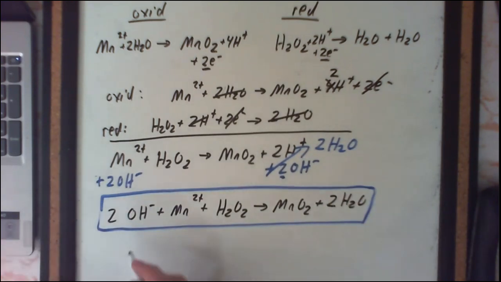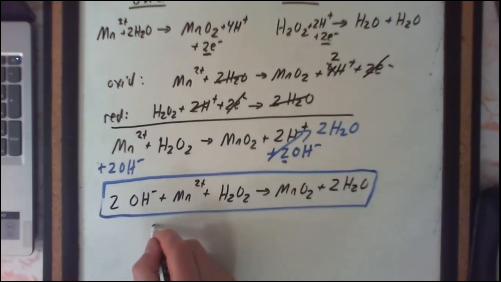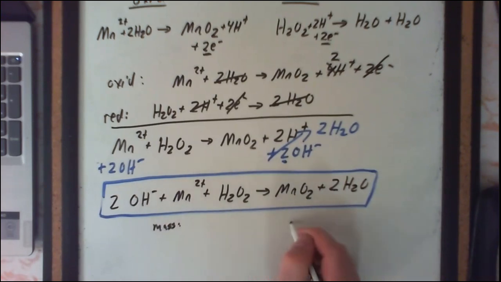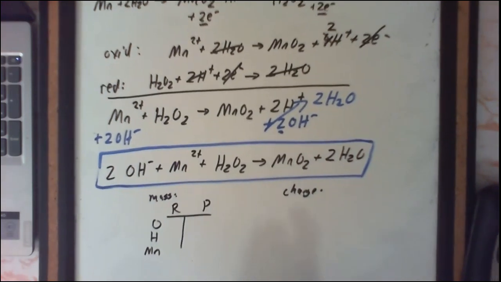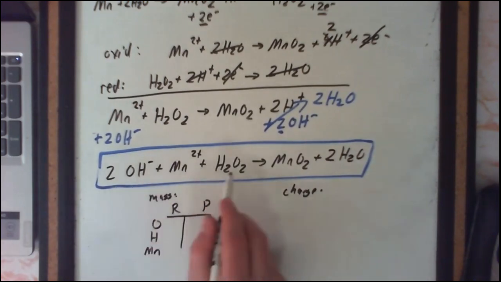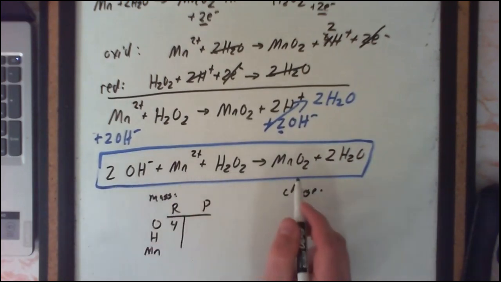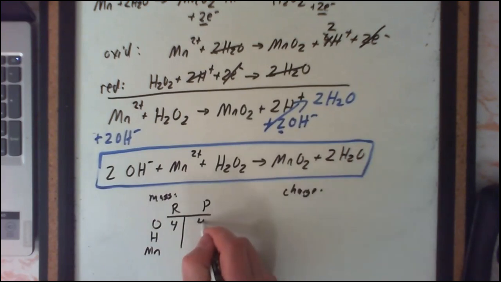Finally, to check it, I'm going to check it for both mass and charge balance. So we have reactant side and product side. We have oxygen, hydrogen, and manganese. We have 2 oxygens plus 2 oxygens, 4 oxygens, and 2 oxygens plus 2 oxygens, 4 oxygens. 2 hydrogens plus 2 hydrogens, 4 hydrogens, and 4 hydrogens, and 1 manganese and 1 manganese.